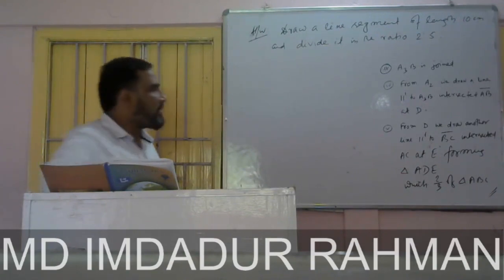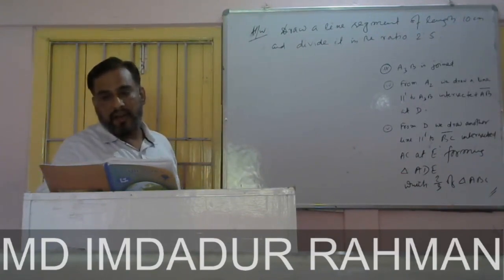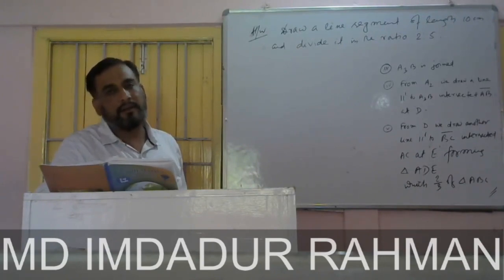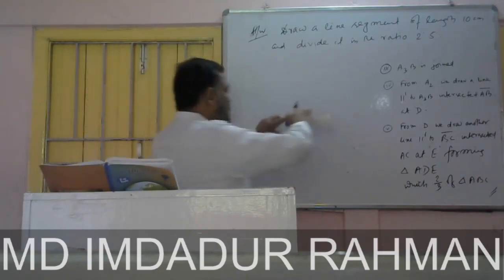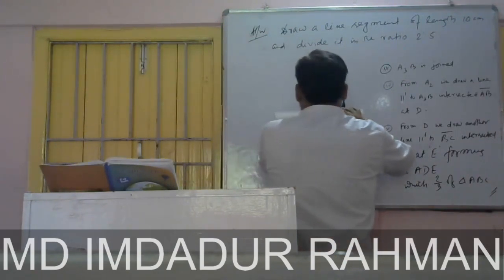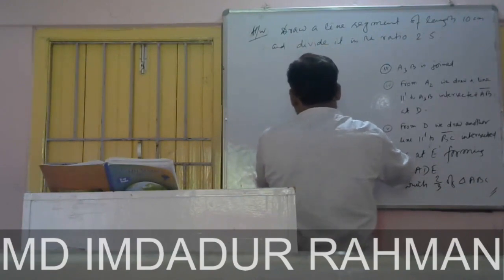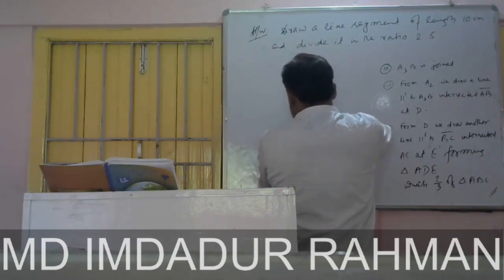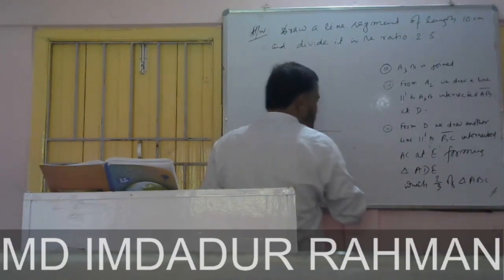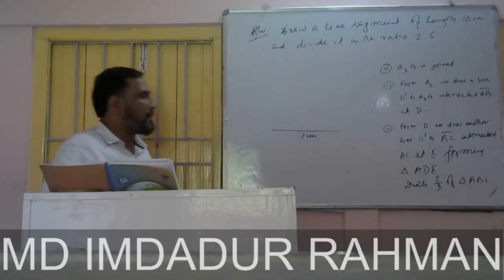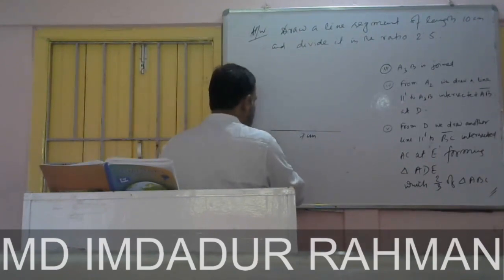For question number 3, construct a triangle of sides 5 cm, 6 cm and 7 cm. Earlier it was 4 cm, 5 cm, 6 cm. So we have drawn 6 cm first. Now 5 cm, 6 cm and 7 cm. So we will draw 7 cm first. Using your scale, you will draw a line segment of length 7 cm.